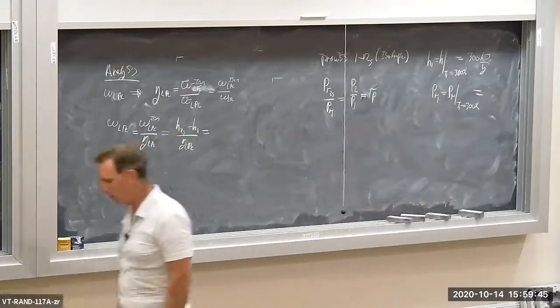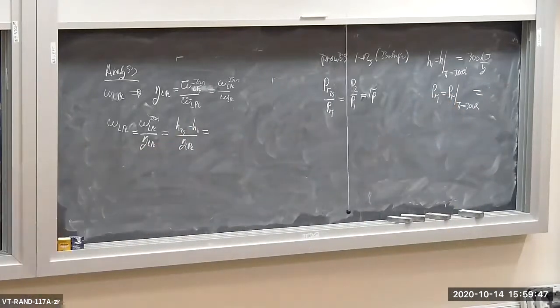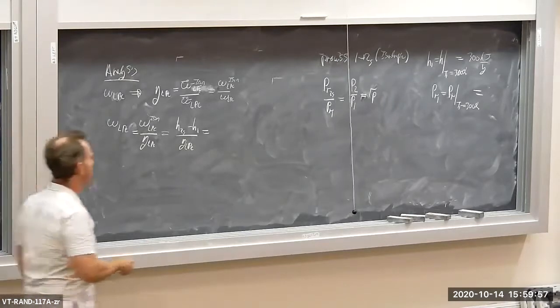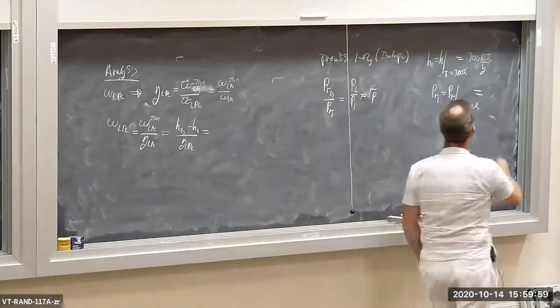What's PR1 here? 1.386, that's from tables.